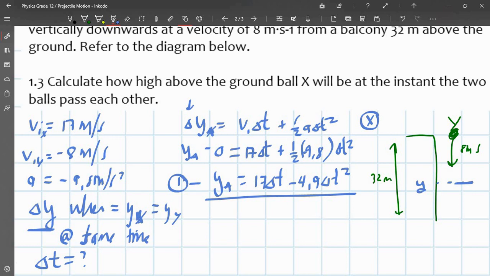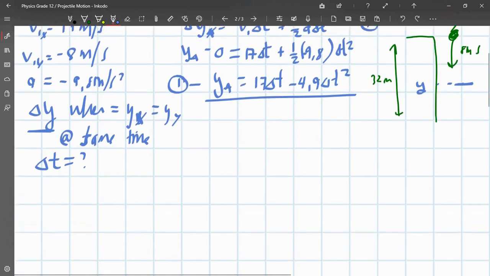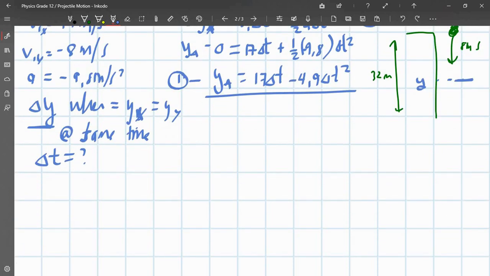So we're going to do the exact same thing for the second equation. Okay. So again, but this time it's for yb, so the change in yb is equal to velocity initial times change in time plus half acceleration times change in time squared. Right.